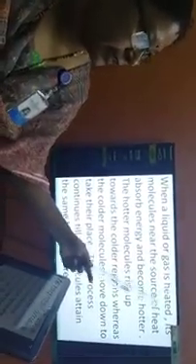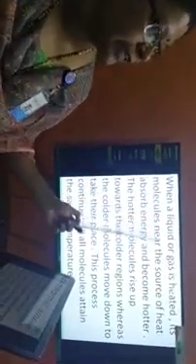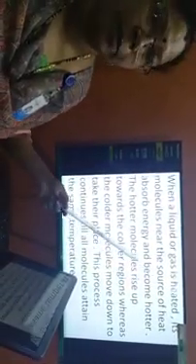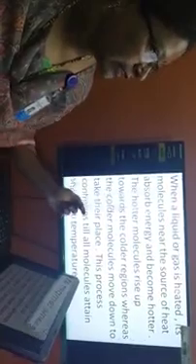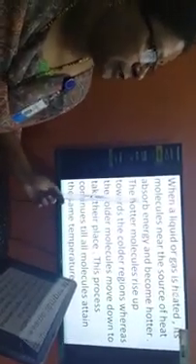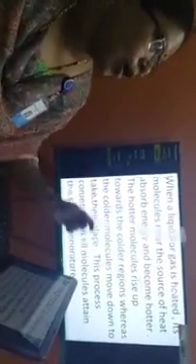Now, the process is given here. Read carefully. When a liquid or gas is heated, its molecules near the source of heat, the bottom particles, absorb energy and become hotter.